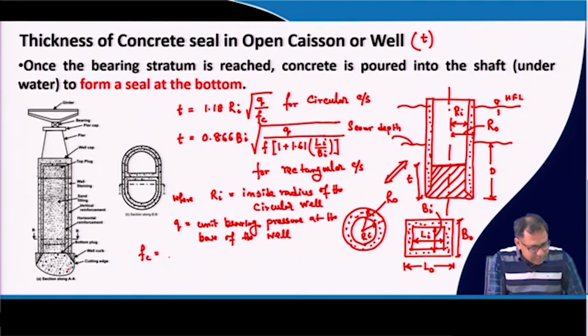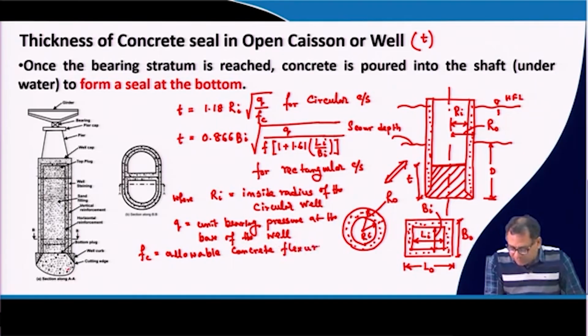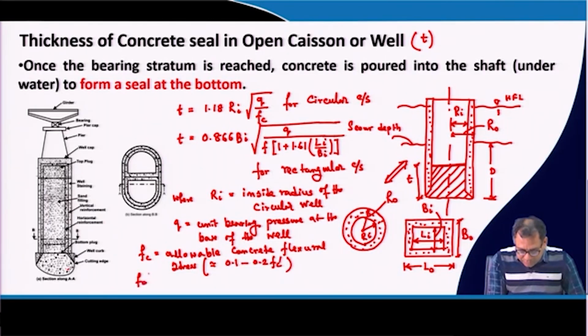F c is equal to the allowable concrete flexural stress, that is equal to 0.1 to 0.2 F c dash, where F c dash is the 28 days compressive strength of the concrete.